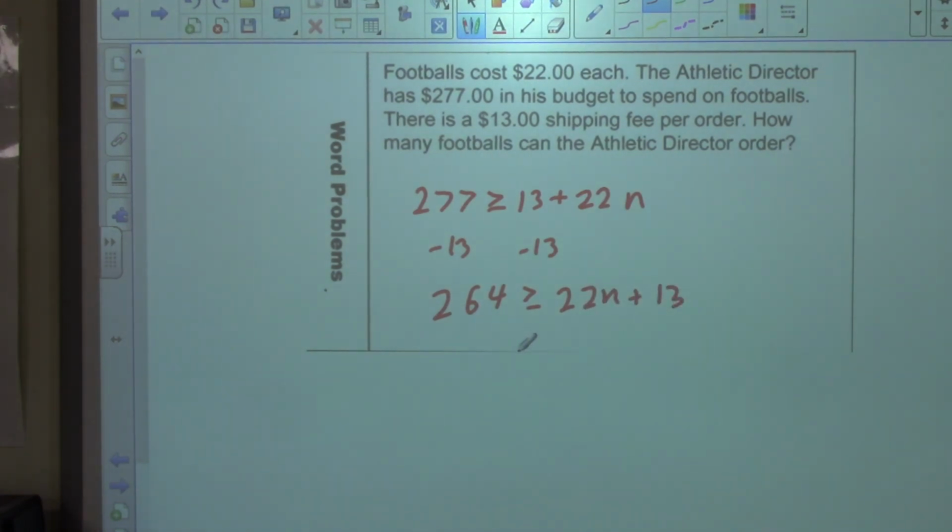Oops, I already subtracted 13, right? Sorry about that. So we have that. So if we divide by 22, what is that going to be? 12, right? So N has to be less than or equal to 12. So that's the maximum number of footballs we can get, right? Okay? And so that's it.